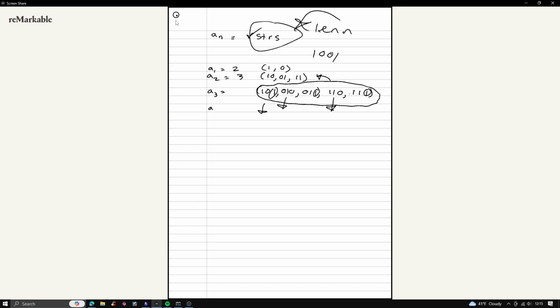What does this mean? This means that however many there are in the original list, the next list of length n will have A of n minus 1 options.